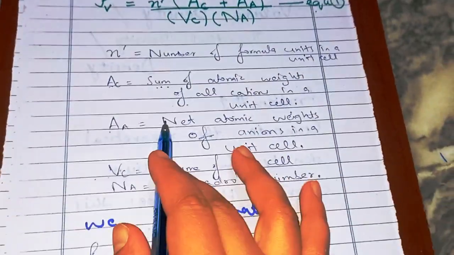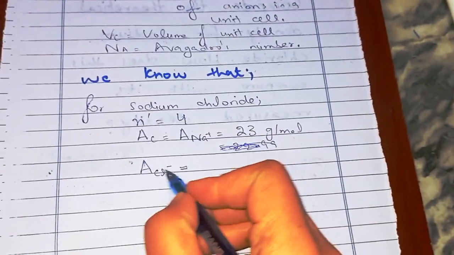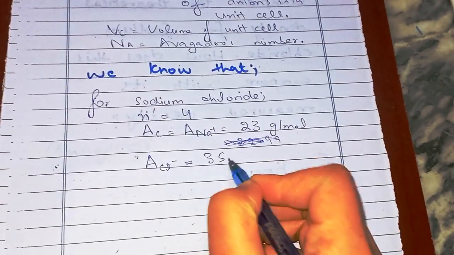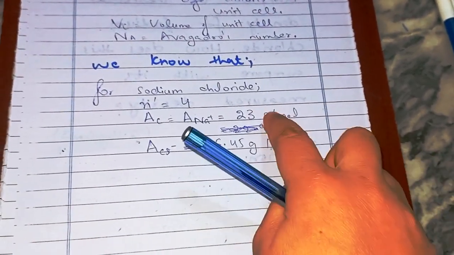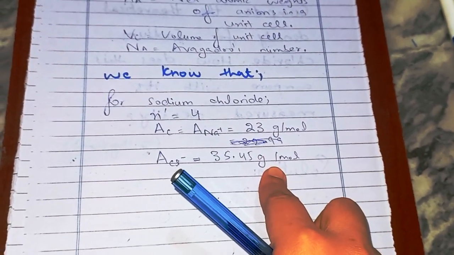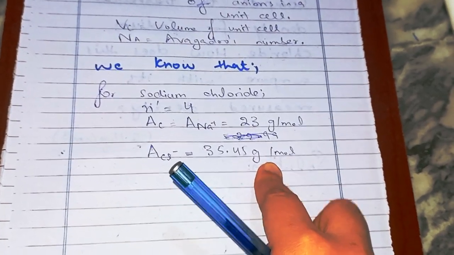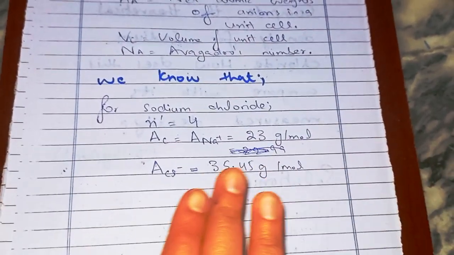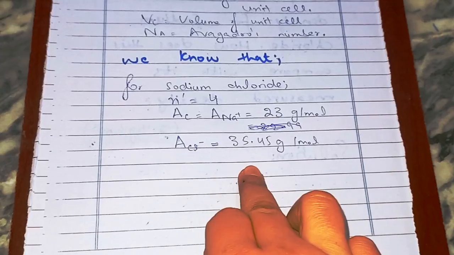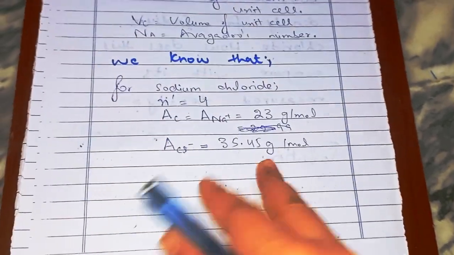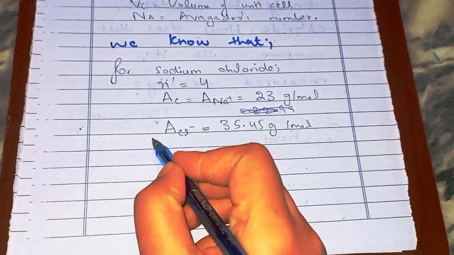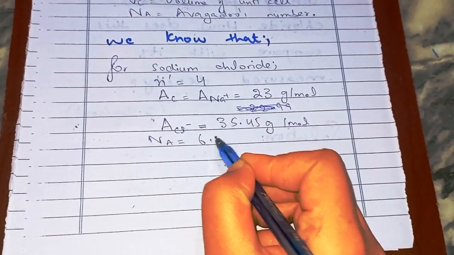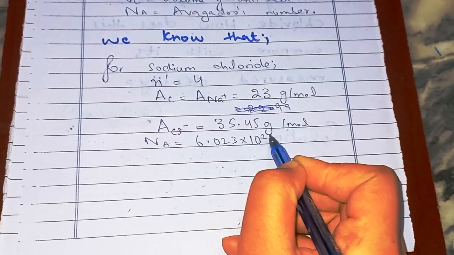So we can put the atomic weight of chloride, which is 35.45 grams per mole. You have to remember them unless your tutor agrees to give these values in the paper. If they don't, you have to remember them, because it's something most students remember. And next we have Avogadro's number, which equals 6.023 times 10 to the power 23.